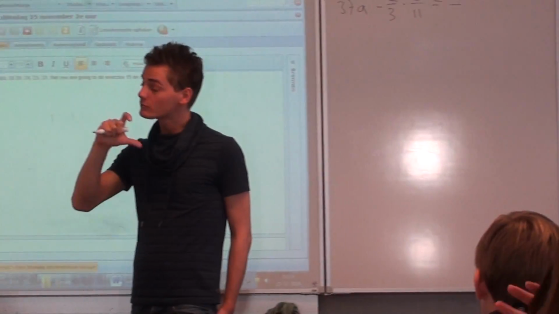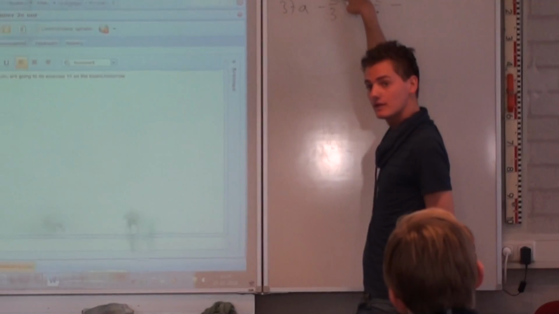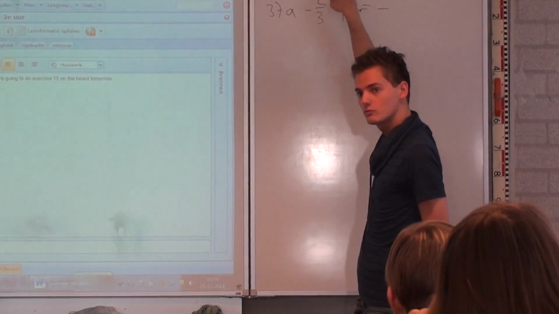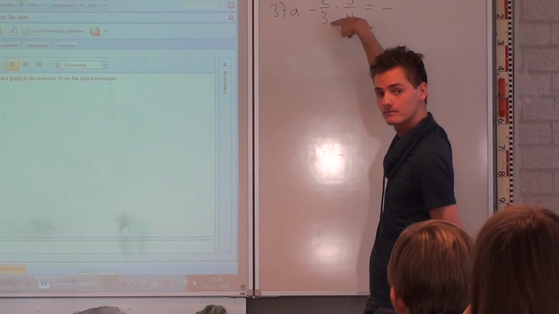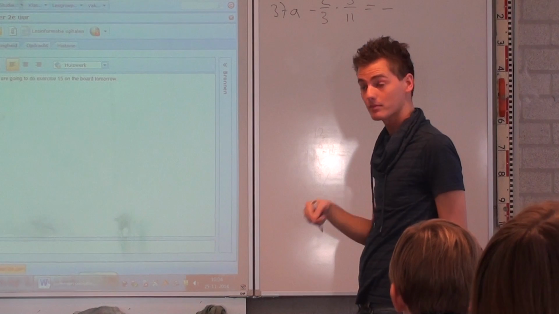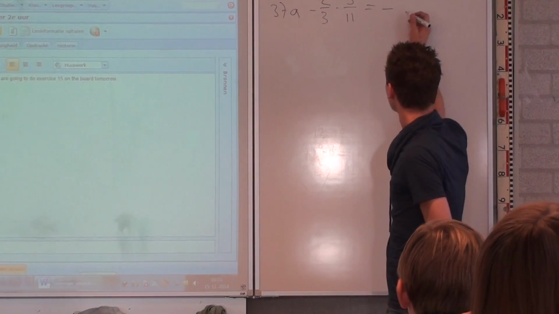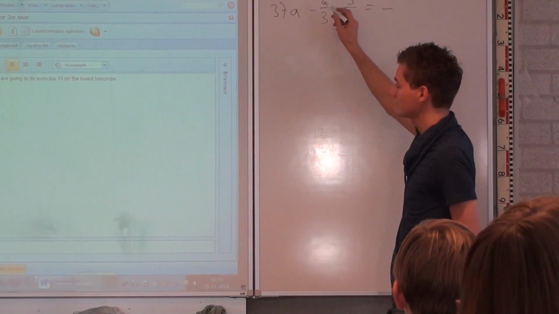The numerator is the 2, and the denominator is the 3. You can see that in your book. Numerator times numerator, denominator times denominator.